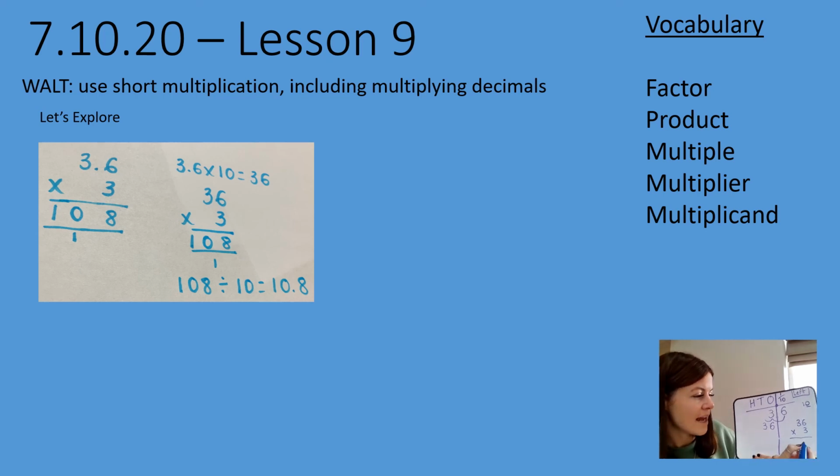I know that 18 has 1 ten, so it has to go down here, and 8 ones. I've now got 3 tens because that is a 30 times by 3. I know that 3 times 3 is 9. So 30 times by 3 must be 90.